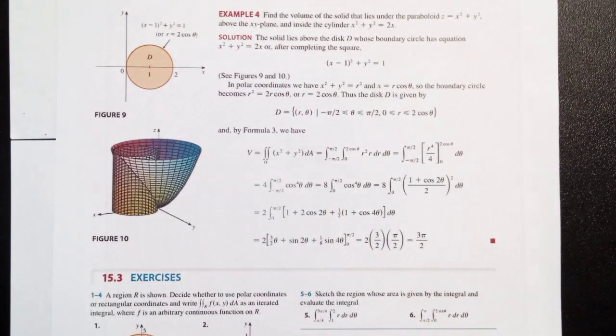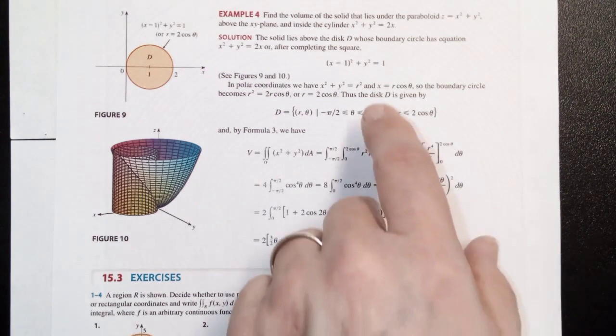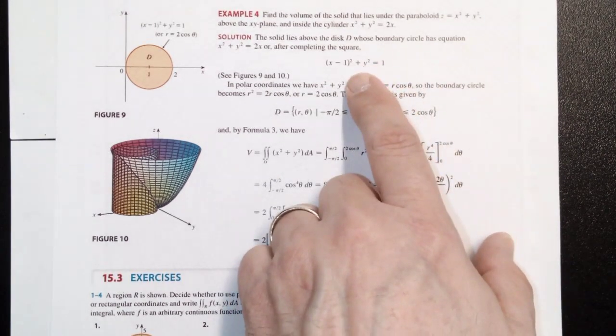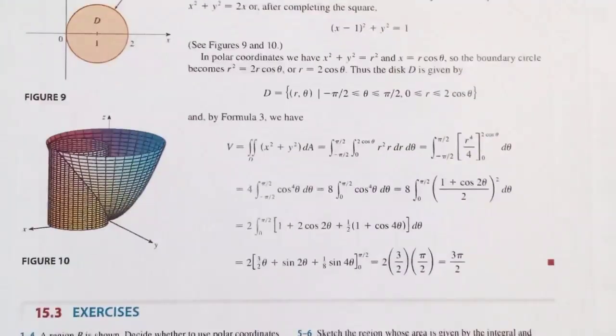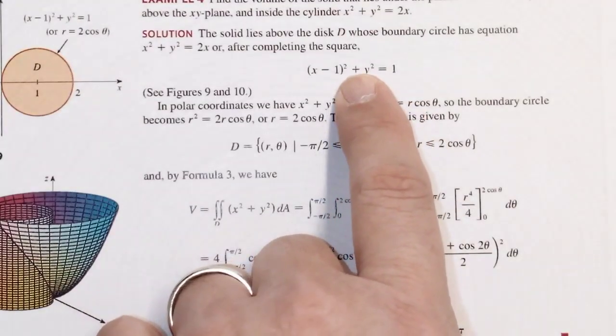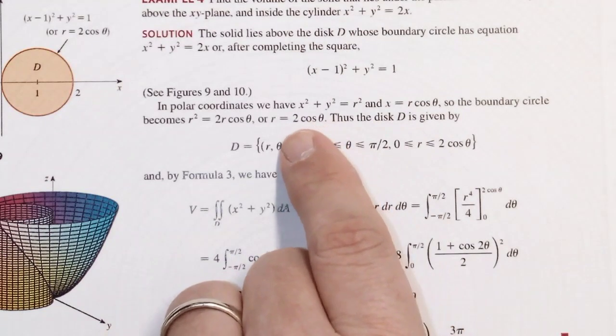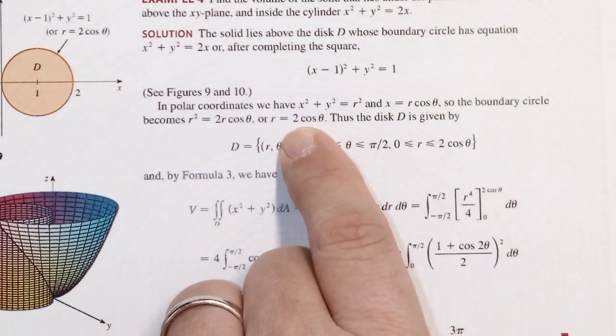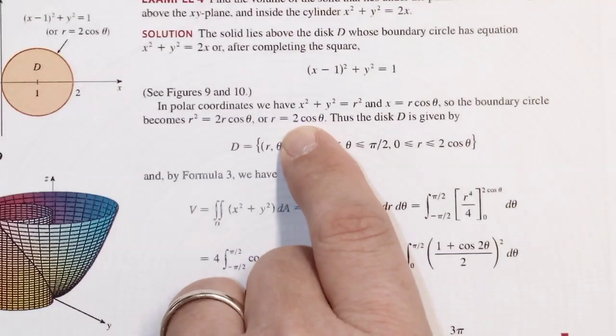That circle is undoubtedly going to be easier to write in polar than it is in Cartesian, because that's the circle in polar. I mean, that's the Cartesian equation. That's disgusting. But if I rearrange, I get a really nice polar description for that circle.